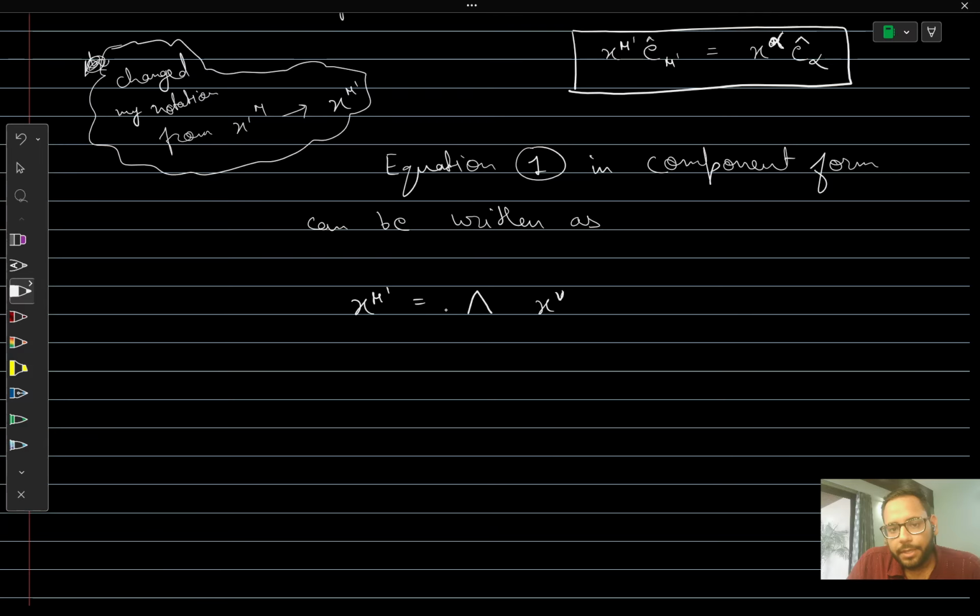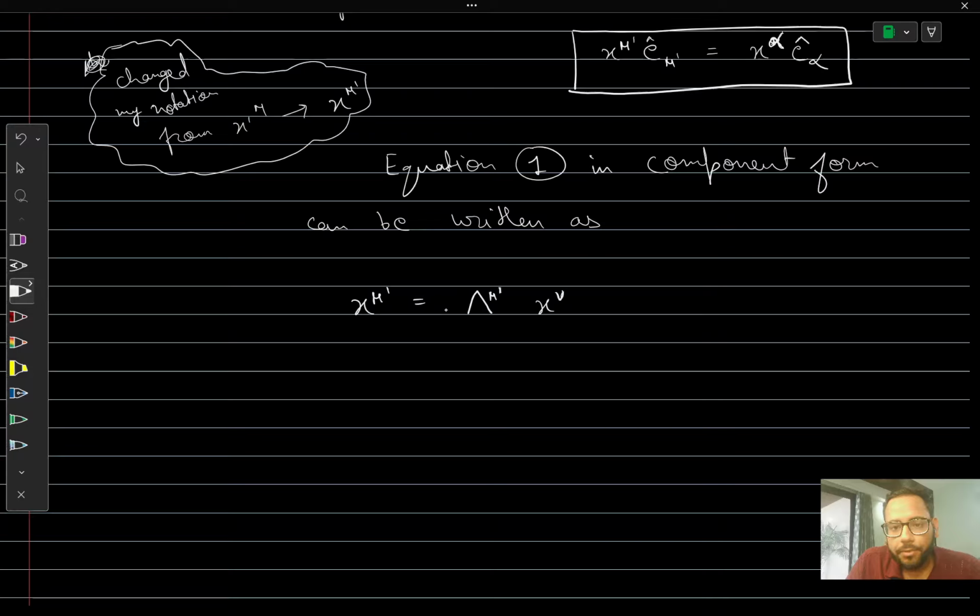So recall the rules of Einstein convention: the indices must be placed at the same place at the right hand side and the left hand side.